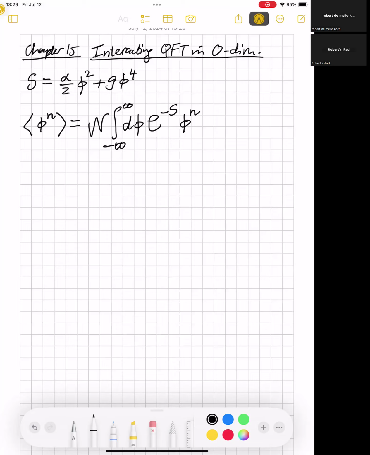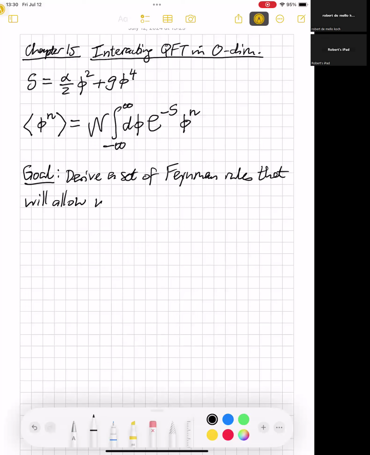Okay. And what is the goal of this chapter? Just so that you know where we're going towards. The goal is to derive a set of Feynman rules that will allow us to compute phi to the n.